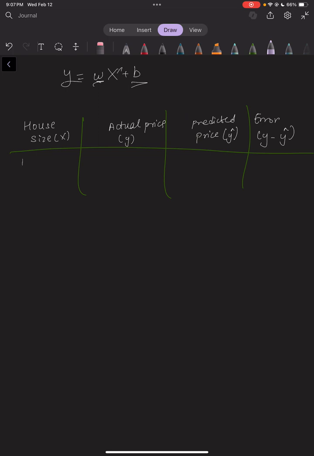So I have a 1,000 square feet house, where the actual cost is 150K. The predicted price from our model was 140K, so we are off by 10K. Similarly, a 1,200 square feet house, the actual price it got sold for is 180K.